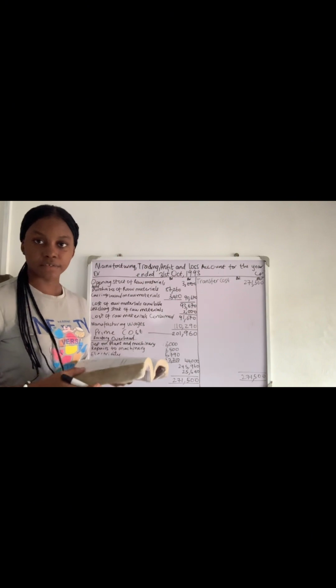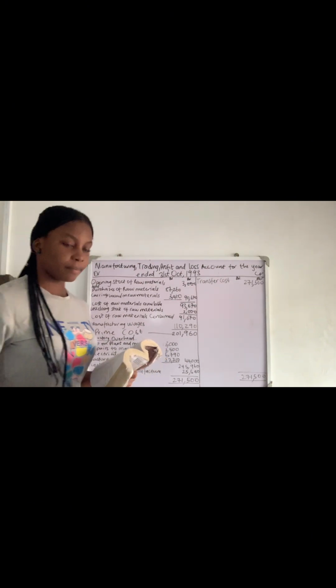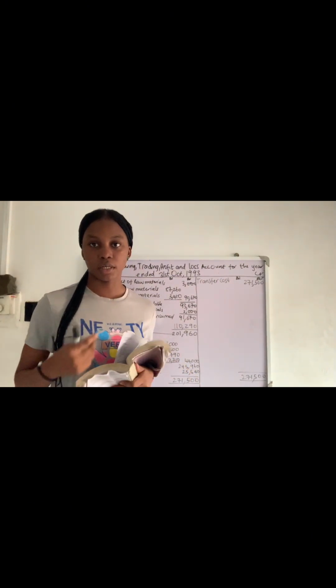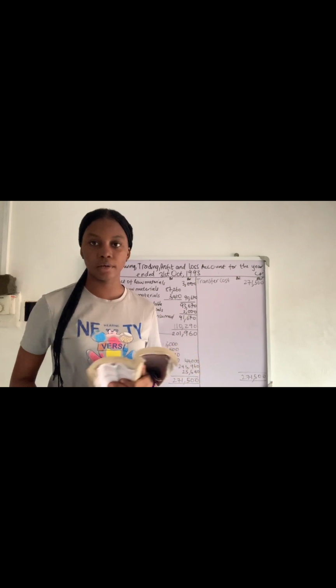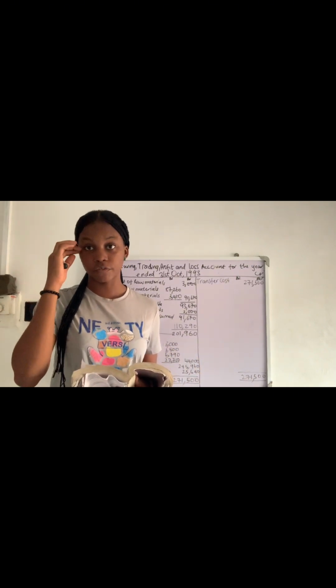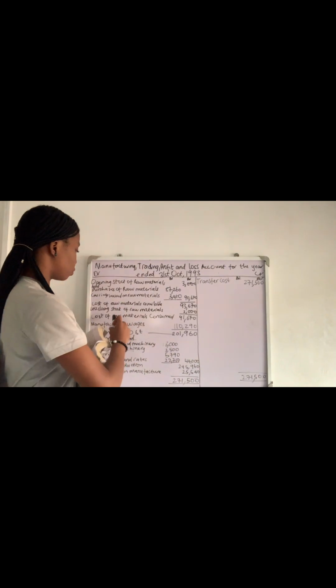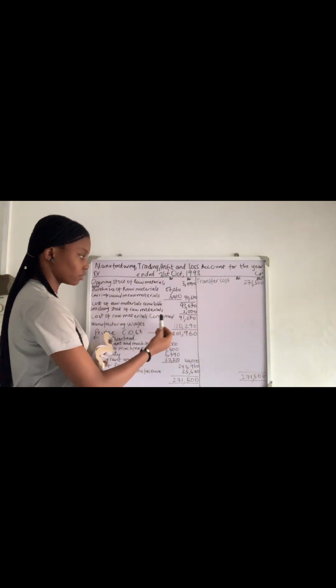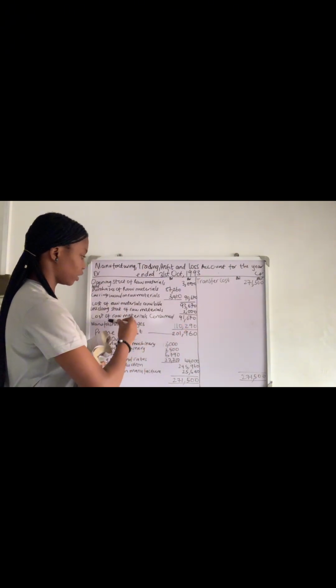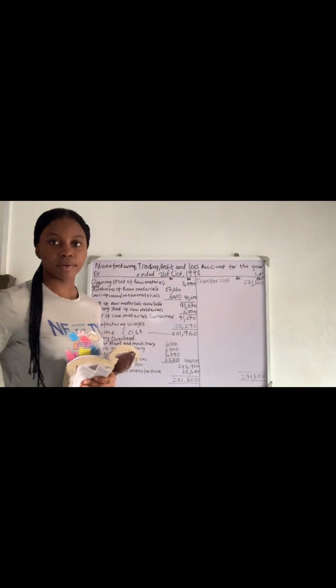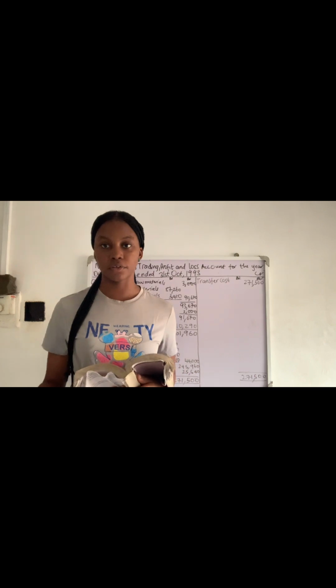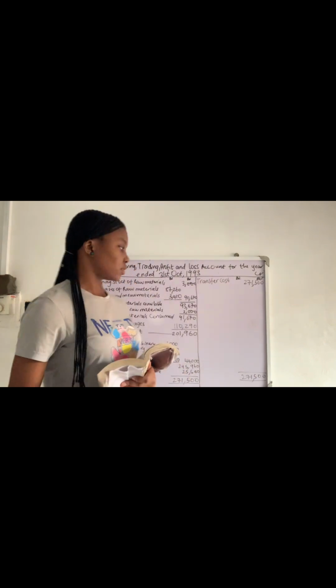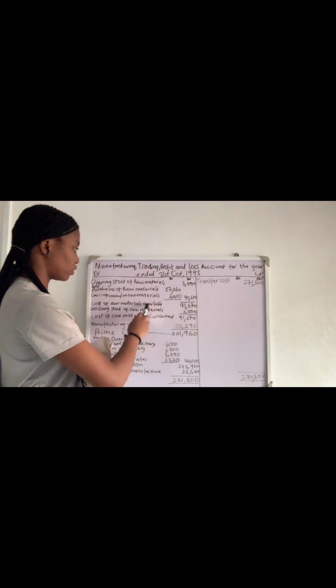Then the next step, as the format says. Remember I've given the format for this manufacturing account in one of my videos. So if you haven't seen that, you can just go through my videos and you'll see it. So you less your closing stock of raw materials, that's 2,000. You get your cost of raw materials consumed. Remember that I said the reason why we always less our closing stock of raw materials is because this is actually your cost of raw materials available.